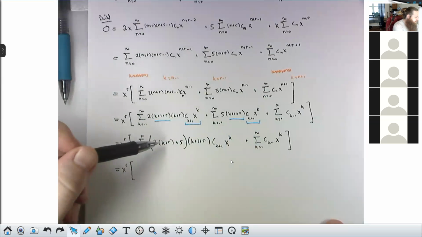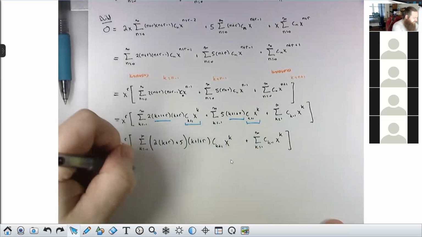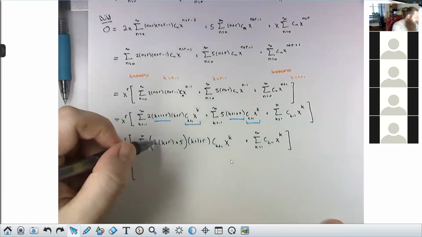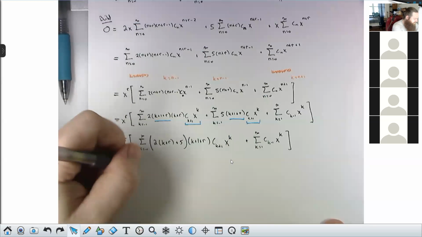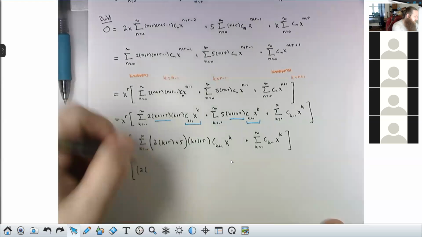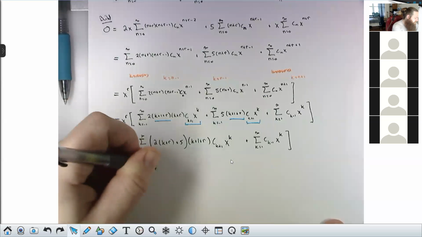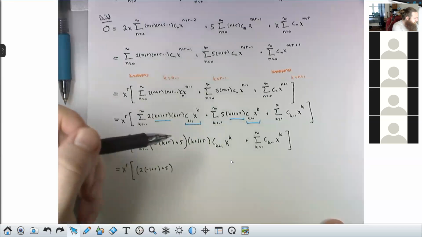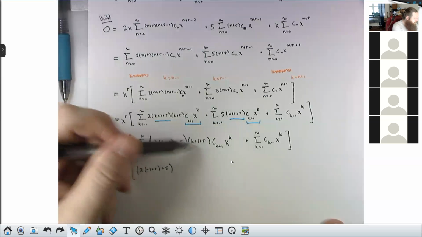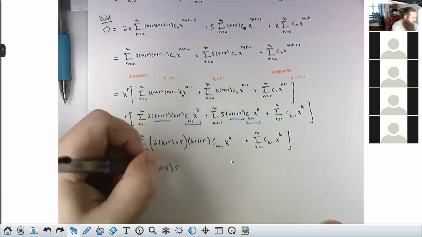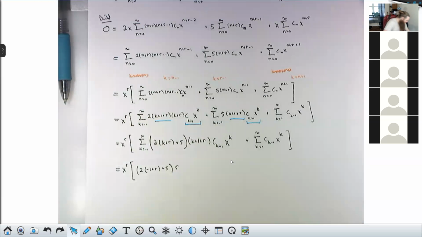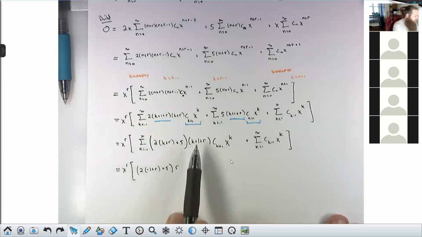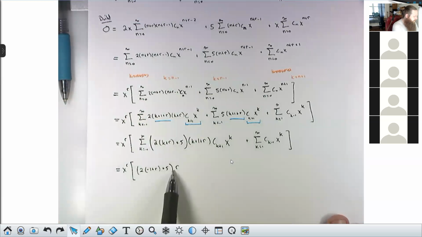So when k is -1, this is 2 times -1 plus r plus 5 times -1 plus 1 plus r, which is just r. Times -1 plus 1 plus r is just r.